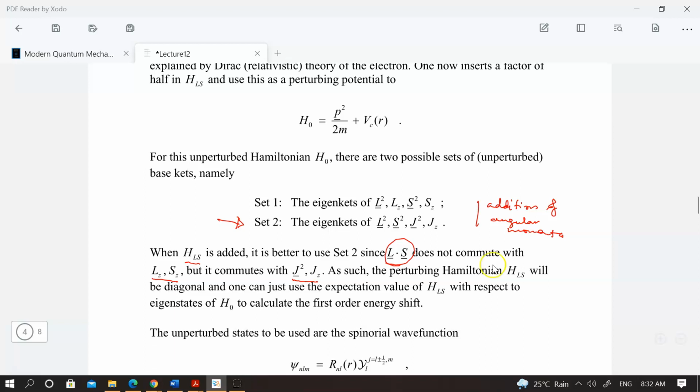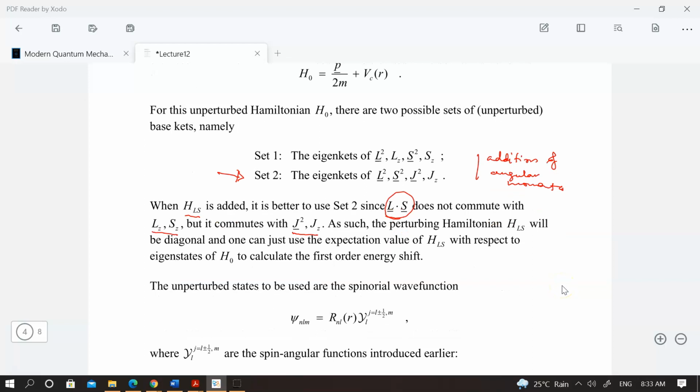One could actually use the first set anyway. It's just a theoretical matter that it will not commute with that. Of course, the calculation will get more complicated.